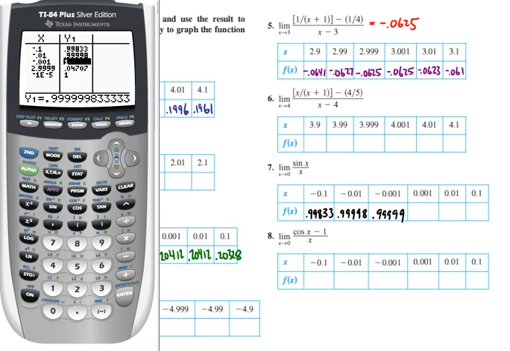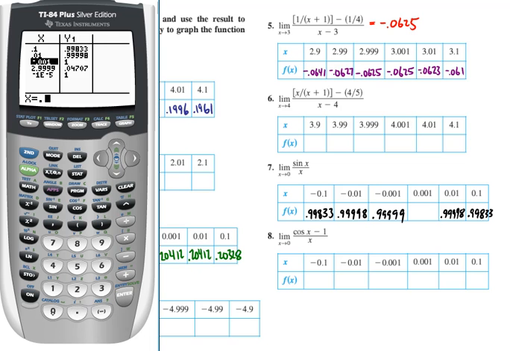Now we'll go from the right side, 0.1. So we'll go ahead and move the cursor up, 0.1. You can see there we're at 0.99833. Next would be 0.01. We have exactly the same values as we were approaching from the left, which means this function is symmetrical about the y-axis.